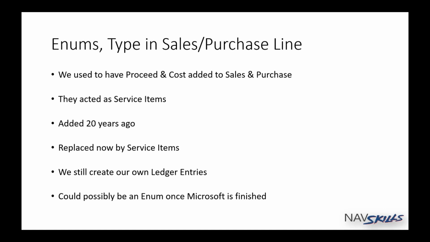And we analyzed why we had added proceeds and costs, and we decided that service items do exactly what we need. So why would we add a type to the sales and purchase line when we can just replace that with service items? And this is again a fix that you can do in C-side.